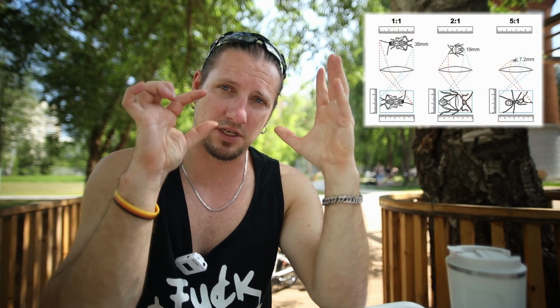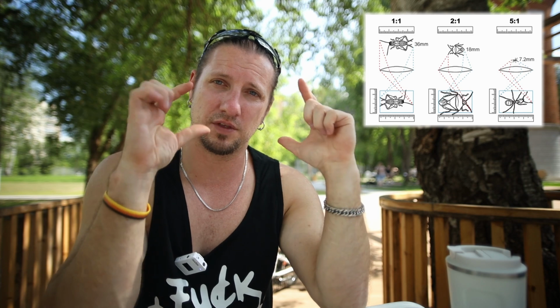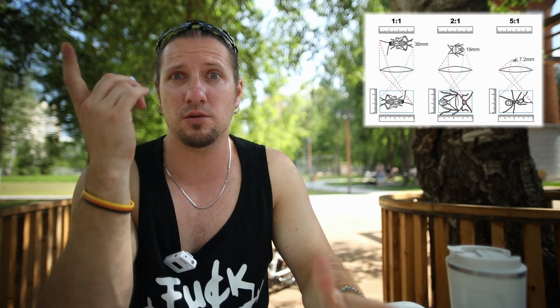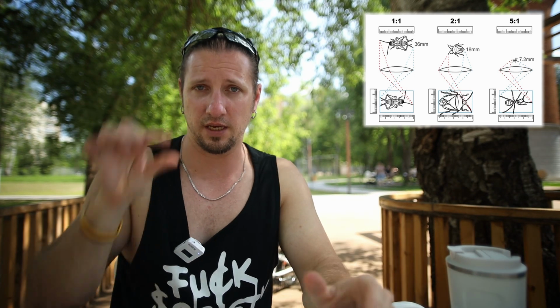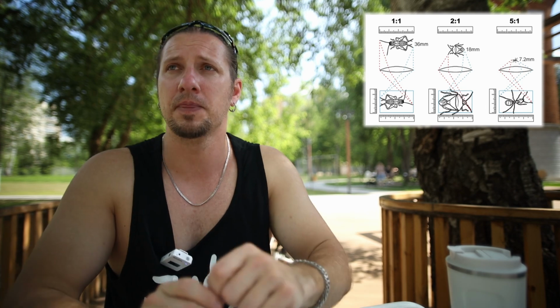The size of the subject compared to the size of the sensor or the picture is going to be the same as if you would put it on your image sensor. That is called the true macro. Of course, most lenses don't give that. With the minimum focusing distance and shooting as close as you can, you actually get a smaller image than if you would place this subject on your image sensor, because the magnification is not so big.